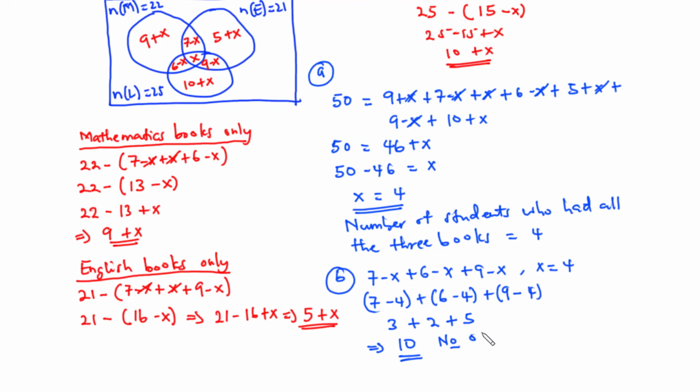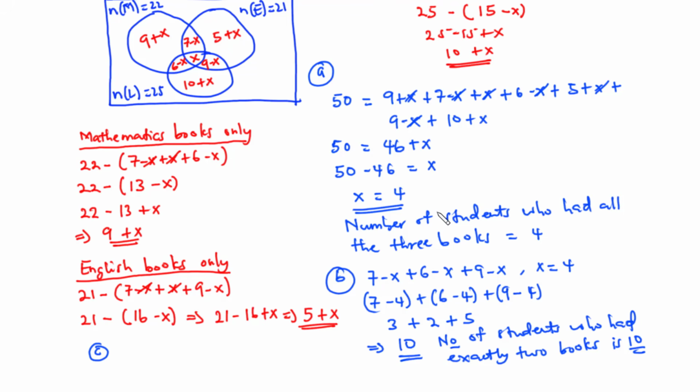So the number of students who had exactly 2 books is 10. Now let's solve for C, the number of students who had only life skill books.